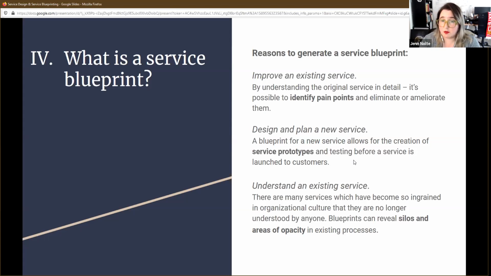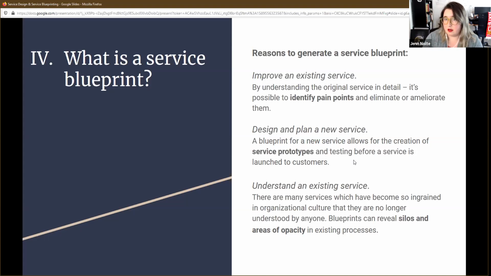Service blueprints can also help you design and plan a new service. So of course, it's not going to articulate every little piece of a service that hasn't existed before, but it can provide you with a model to help you think about what the service might look like.